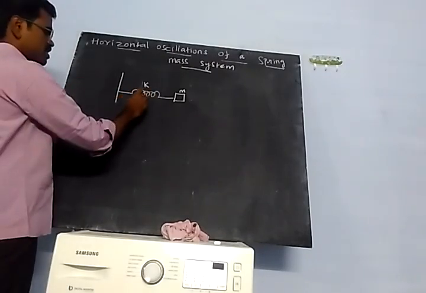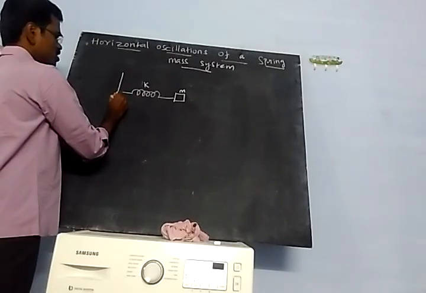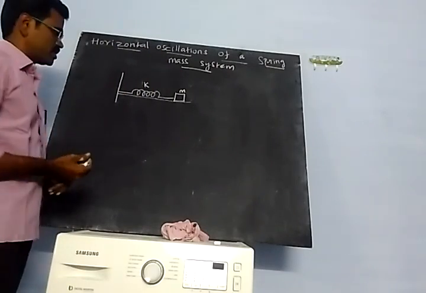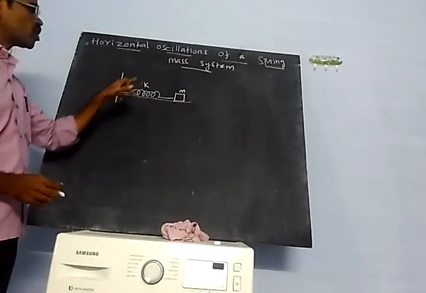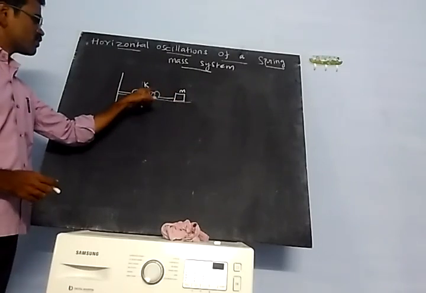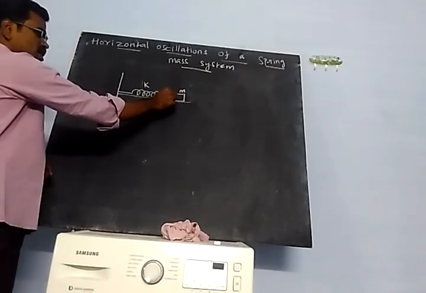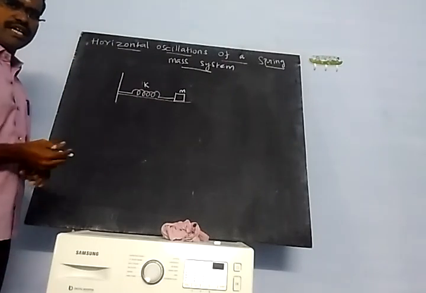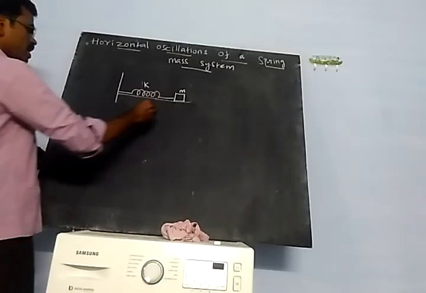This whole setup, the spring and mass, is placed on a smooth surface, that is, a frictionless surface.